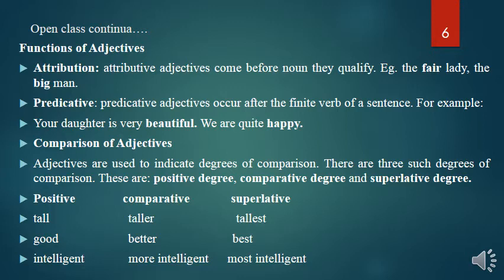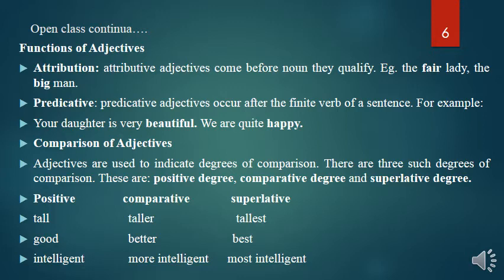There is also a predicative adjective. Predicative adjectives occur after the finite verb of a sentence. For example, your daughter is very beautiful.